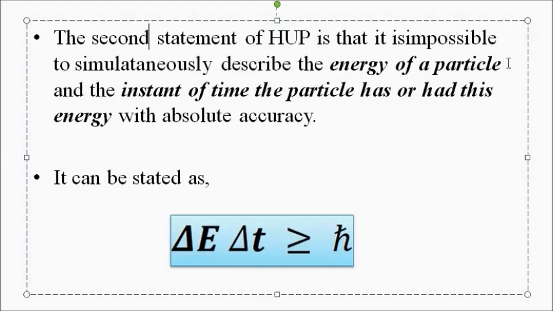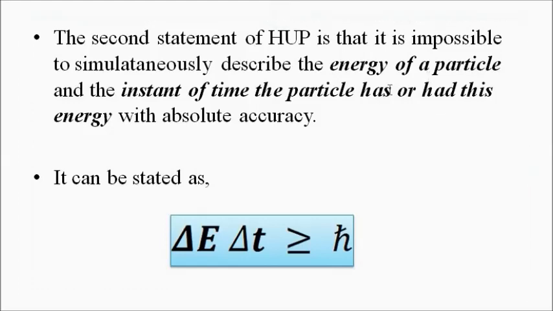So the second statement of the Heisenberg uncertainty principle states that it is impossible to simultaneously describe the energy of a subatomic particle and the specific instant of time at which the particle had or has that amount of energy. So both of these are very difficult to define and describe. We cannot determine at what given point of time a particle had what amount of energy.